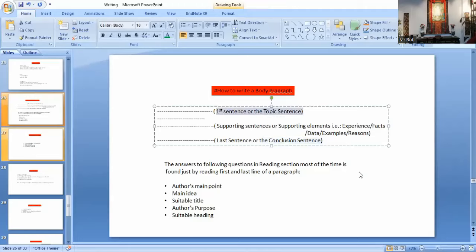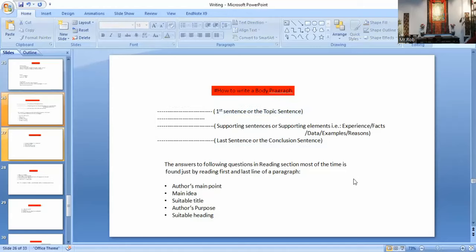And therefore, that will tell you the author's main point, main idea, suitable title, author's purpose, and suitable heading for the paragraph just by reading the first line and last line. So that is how writing and reading are related. Okay? Because if you know how to write, you know how to read as well.